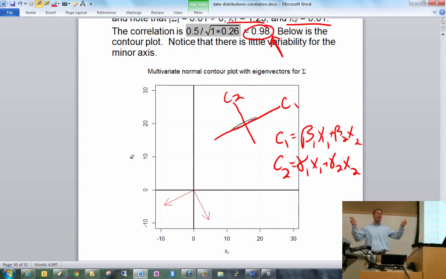So essentially, if you had some kind of nice little equation that allows you to relate x1 to x2, then you could just take x1, take this equation, and you're done. You don't need to know what x2 is because you're going to have a very good idea of what x2 will be because of this high correlation. These are the kinds of things that we want to look at because it's going to allow us to simplify our multivariate data problems.